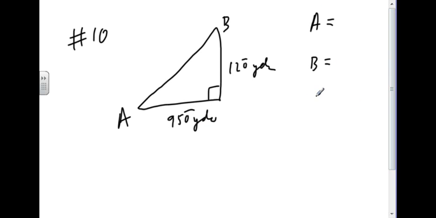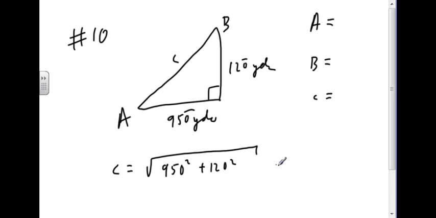To find little c, I would use the Pythagorean theorem again. C is equal to the square root of 950 squared plus 120 squared. I'm going to put my calculator in math print to see if that comes up with something cool or not. It probably won't.